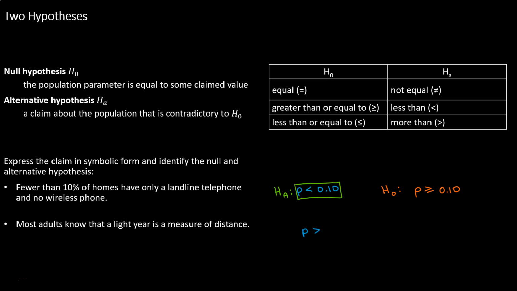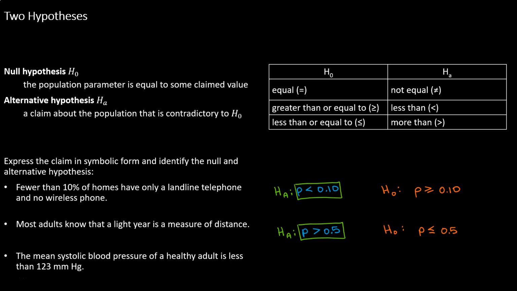So our original claim is that the proportion of adults that know that a light year is a measure of distance is greater than 1/2. And this does not include equality, so we know that's our alternative hypothesis. Therefore, our null hypothesis is going to be that the population proportion is less than or equal to 1/2.